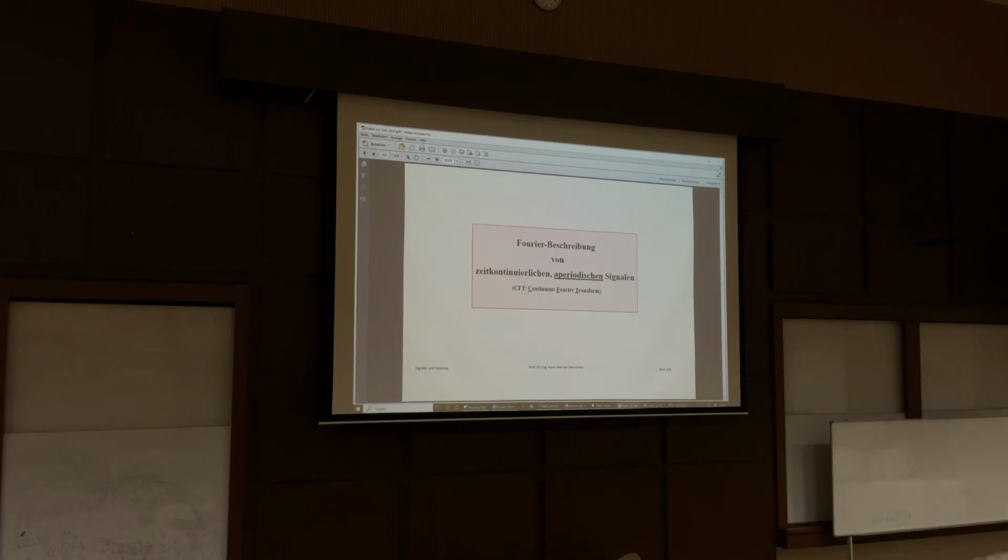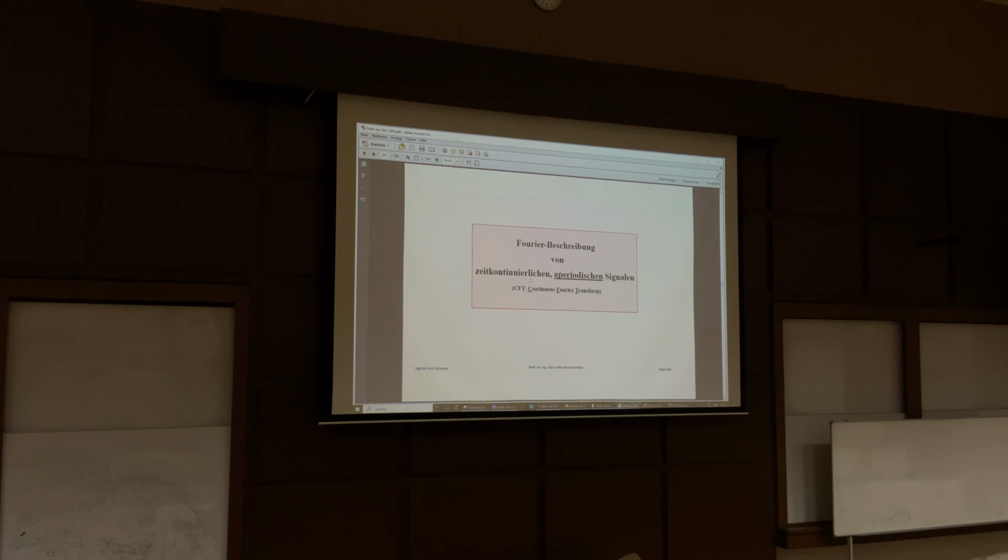Of course, we do not always have periodic signals. Remember the step, remember the pulse, remember an exponential function. They are not periodic, they are continuous. And now we look at the representation in continuous time for aperiodic signals.